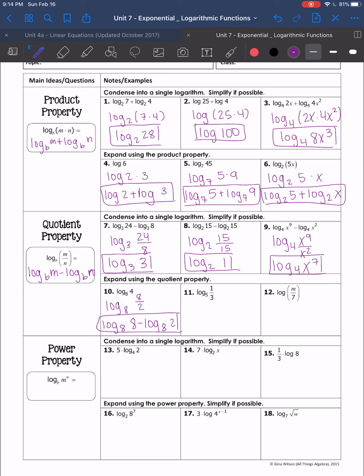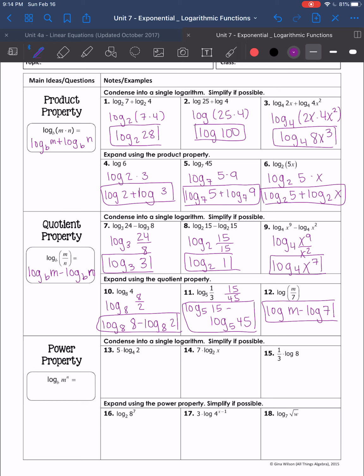You could do log base 5, well, you can do 1 over 3 into 15 over 45. There's also other ways you could do this. 15 minus log base 5 of 45. And then log base 10 of m over 7 is log of m minus log of 7.